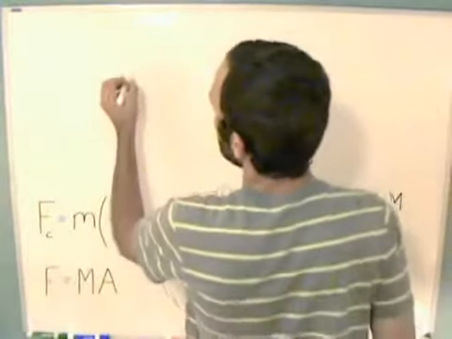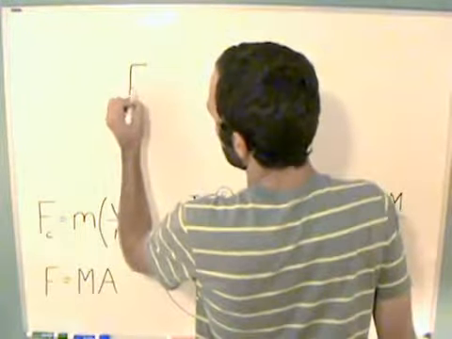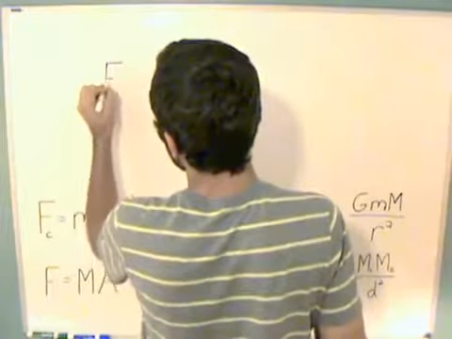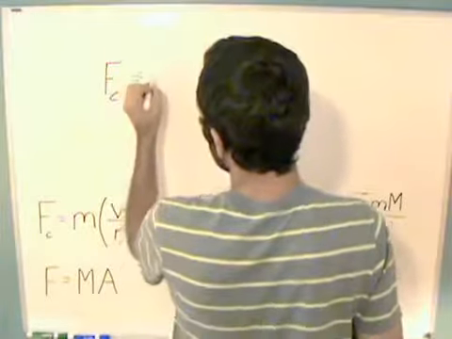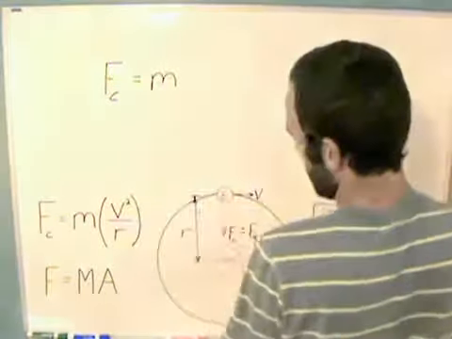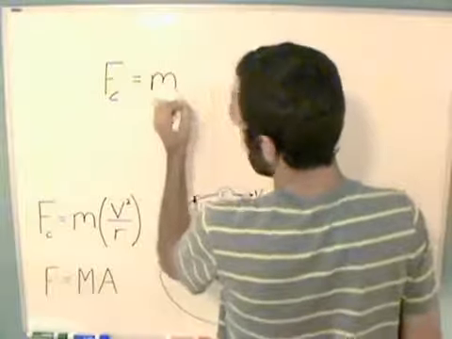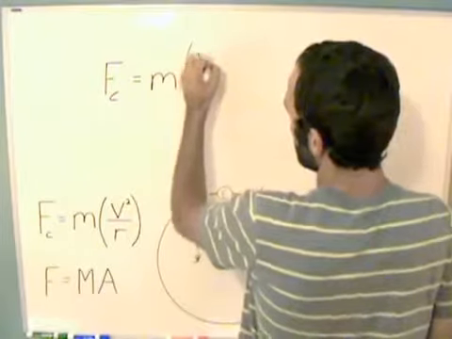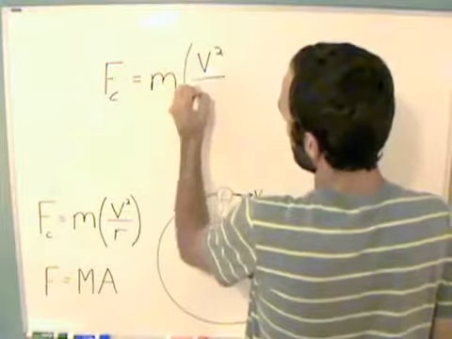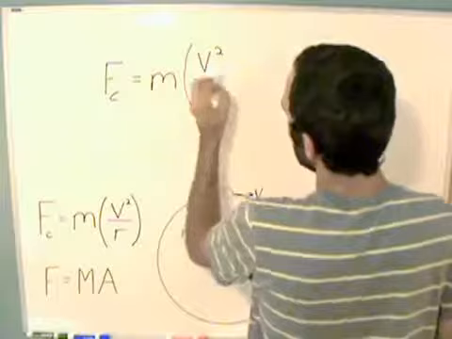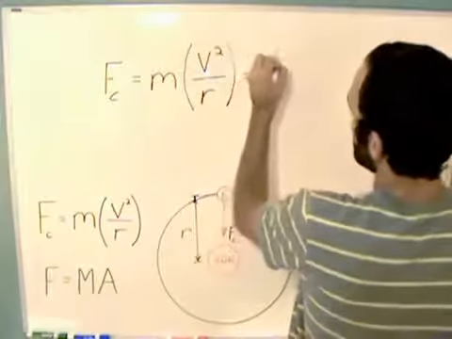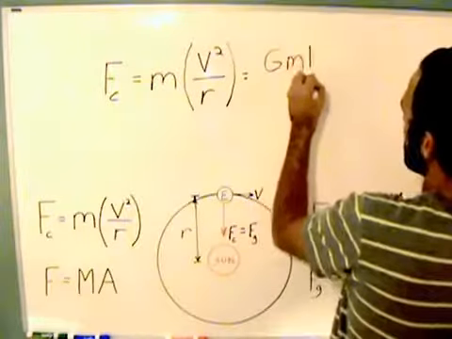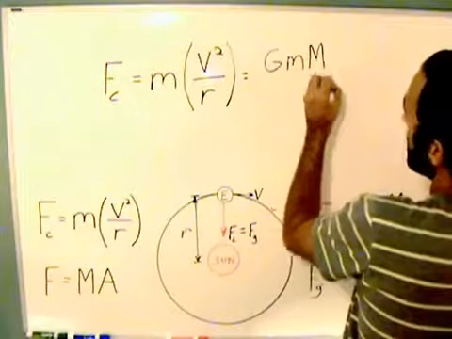You say the centripetal force Fc is equal to the mass of the object orbiting the Sun, which we still have as the Earth here, or Jupiter, or Mars, or whatever you want it to be, times the velocity squared of that planet, or wandering star, divided by the distance from the Sun, r, is equal to the gravitational constant times the little m, which is the mass of Jupiter or Mars or Earth or whatever, times big M, which is the mass of the Sun.